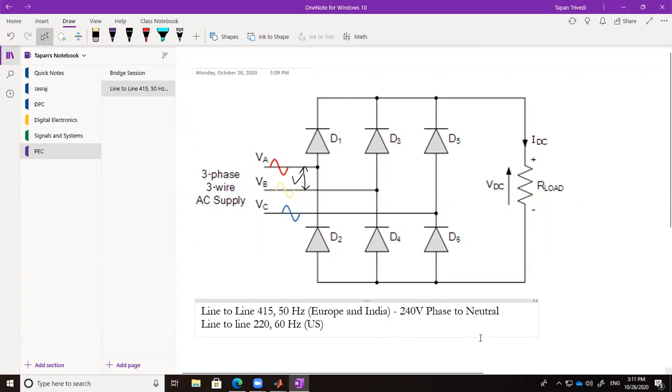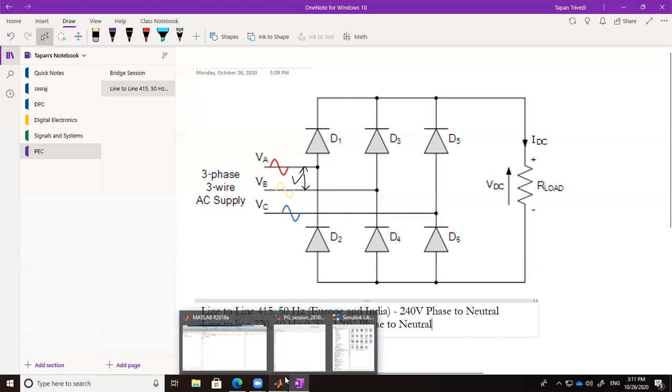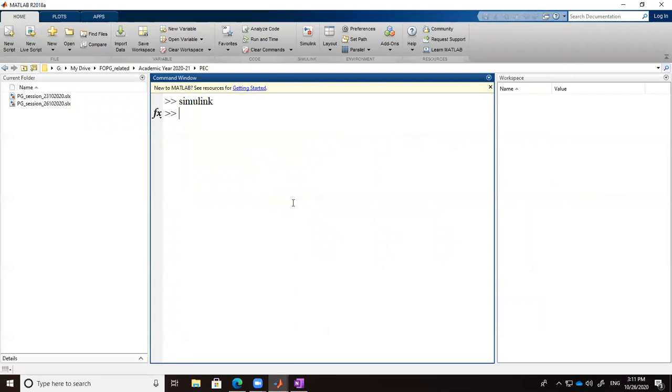Okay, the meaning of 415 means 240. Okay, so in Europe and India, it is going to be 240 volt phase to neutral voltage, or you can say 415 volt, 50 hertz line to line, right? Similarly, in US, it's going to be 120 volt phase to neutral. Okay, there is a very simple relationship. You simply put 220 divided by square root of 3, right?